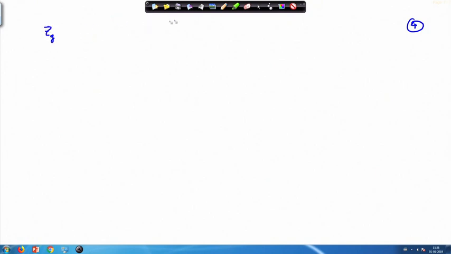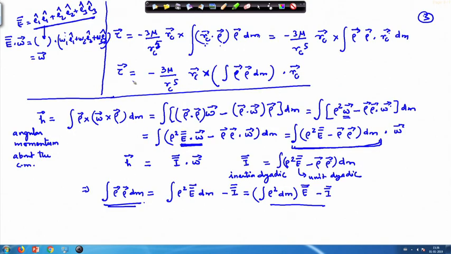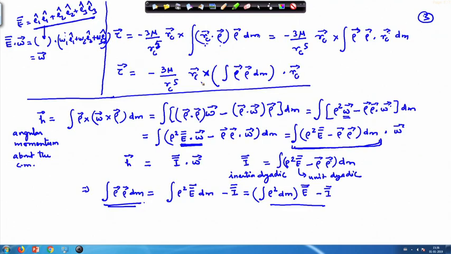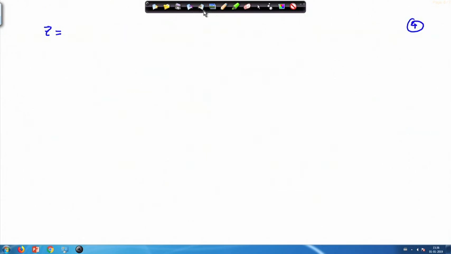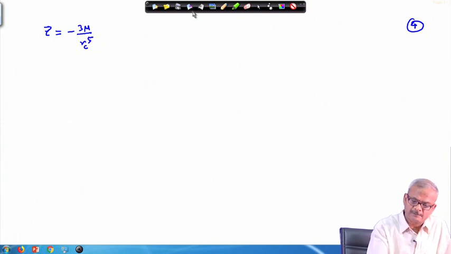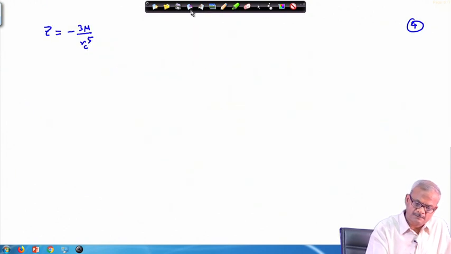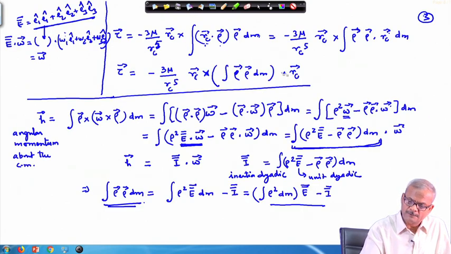So, we have the gravity gradient torque, we have written as tau, equal to, we need to copy it here, minus 3 mu by R c to the power 5, and then R c cross this quantity, and then dot R c.